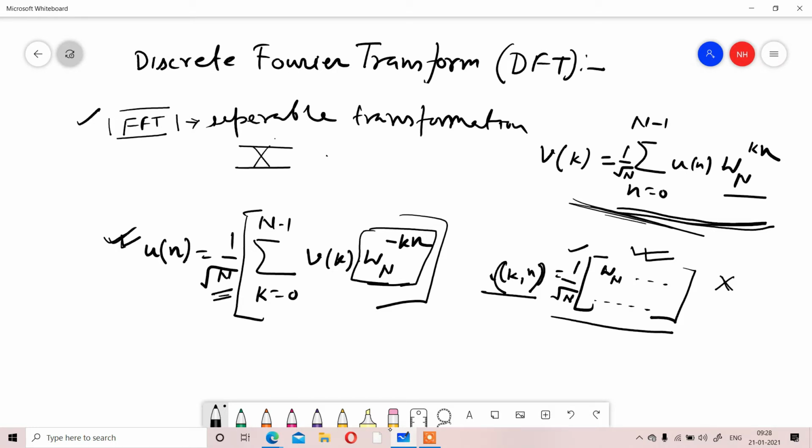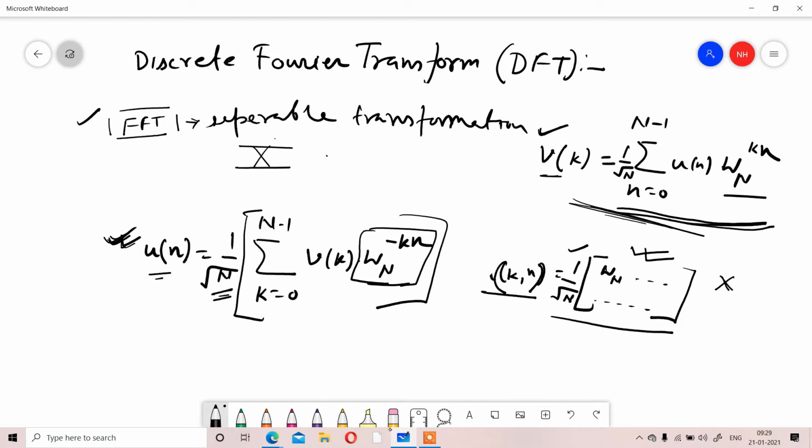Now in that structure, if you have both expressions in the same format, you don't need to change the structure to calculate V and also to calculate from V to U. The inverse DFT can also be calculated using the same structure if we keep both expressions in the same format.